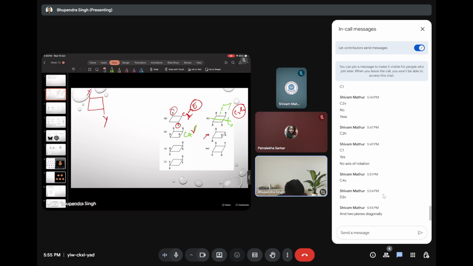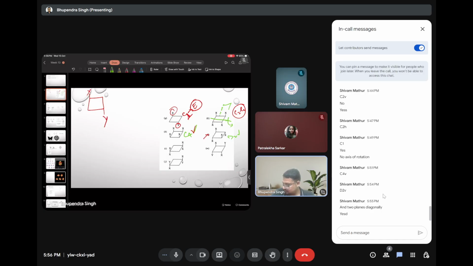So the point group should be D2v. Two planes passing diagonally, yes. These diagonal planes are not perpendicular to any of the C2 axis. So this should be D2v or D2d.